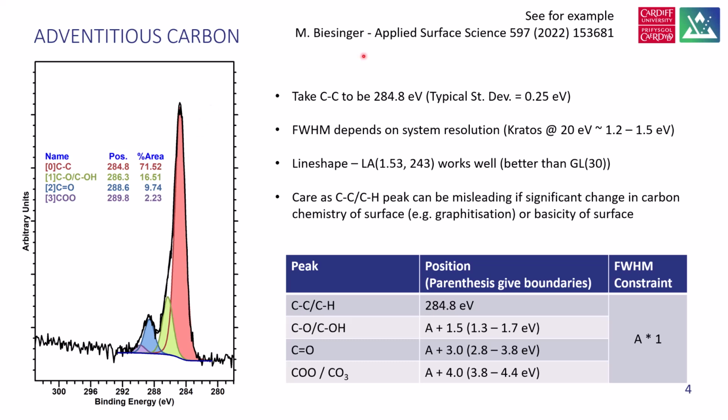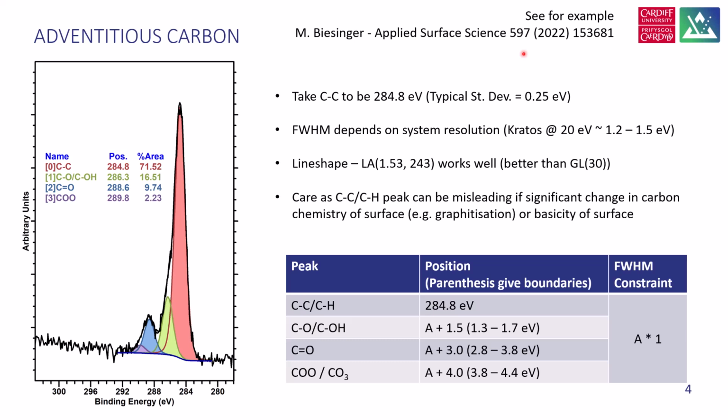I want to point out this paper by Mark Biesinger in Applied Surface Science, talking about using the carbon 1s for charge correction. Now some of you may have seen a lot of debate in the literature in terms of carbon being a poor charge reference point, and that has been known for the last 30 plus years in XPS.